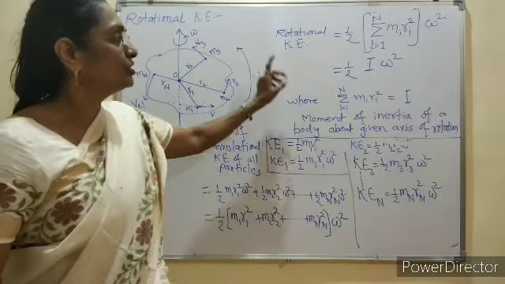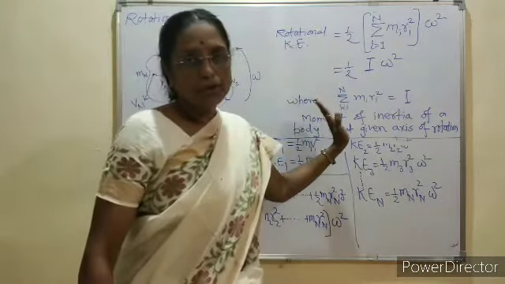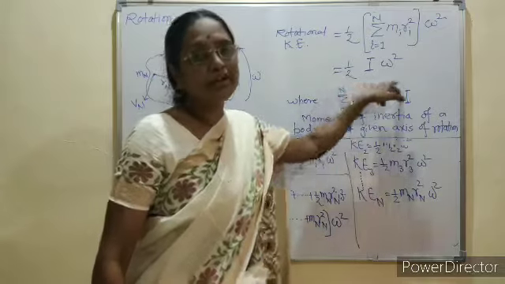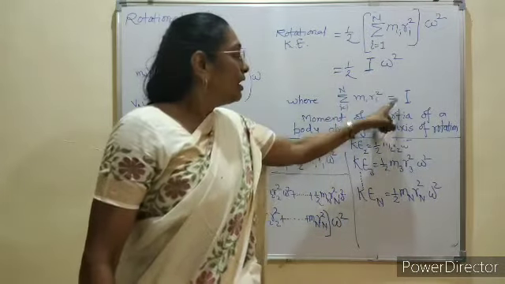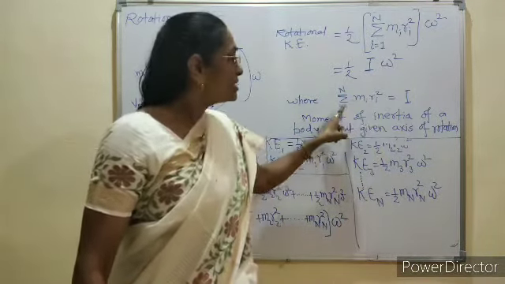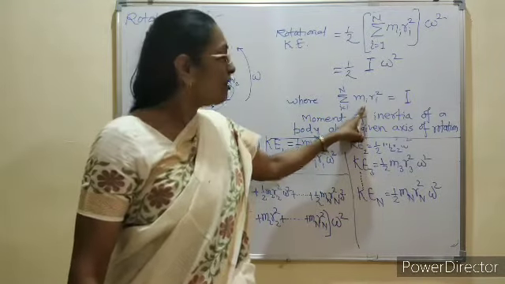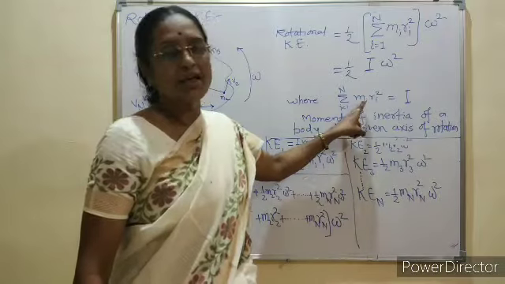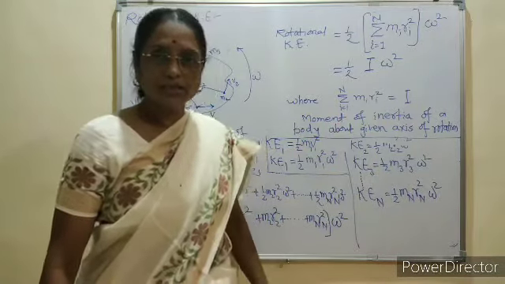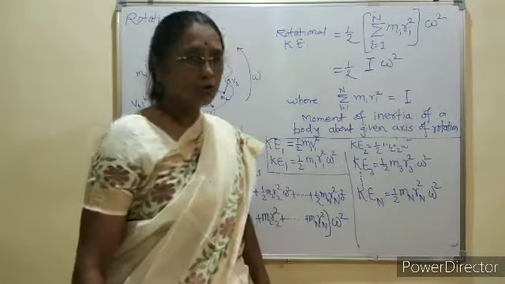So this is the introduction of a new quantity in the derivation itself. It gives us the idea of all masses and distribution of masses from the axis of rotation.